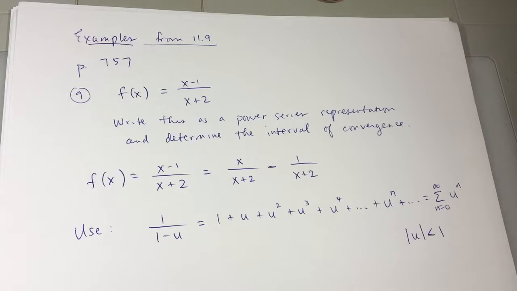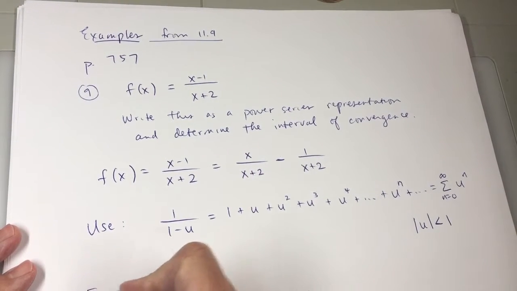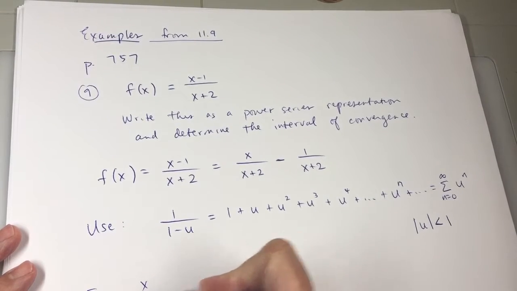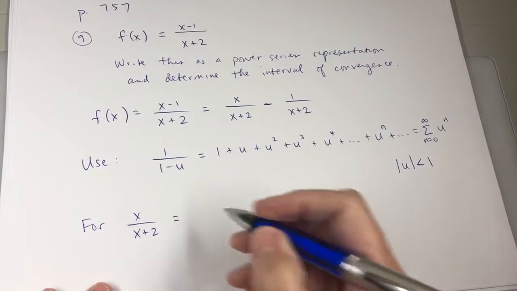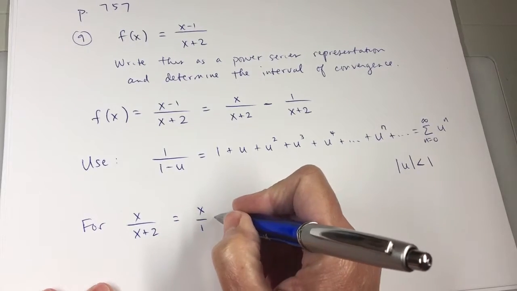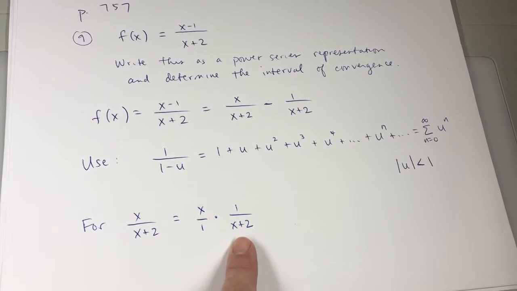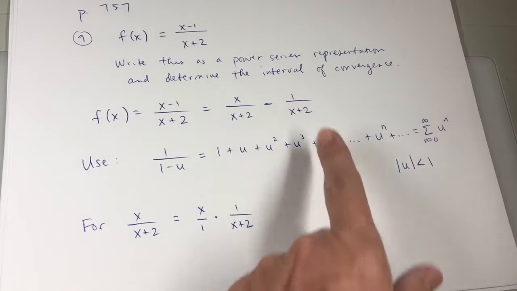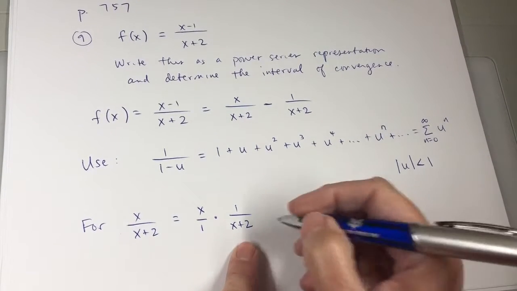So I just need to take each of these fractions and manipulate it so it matches this setup right here. I'm going to go with this first one. So for x over x plus 2, I'm going to first maybe factor off the x that's in the numerator. That's x over 1 times 1 over x plus 2. But that's the same one I have right here, so maybe I only need to do the power series one time.